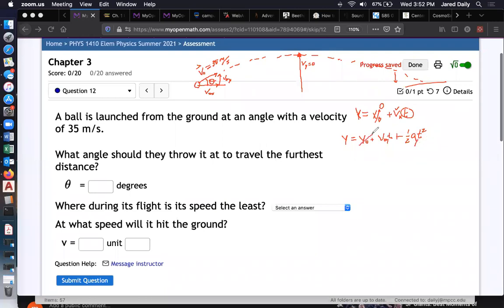This time our initial y can be 0. We can say that our initial height is 0. We can call this height right here 0 if we want to. That's great because that gets rid of that term.